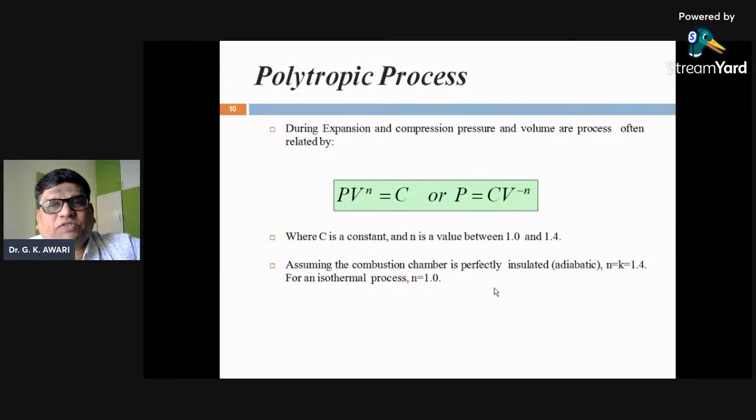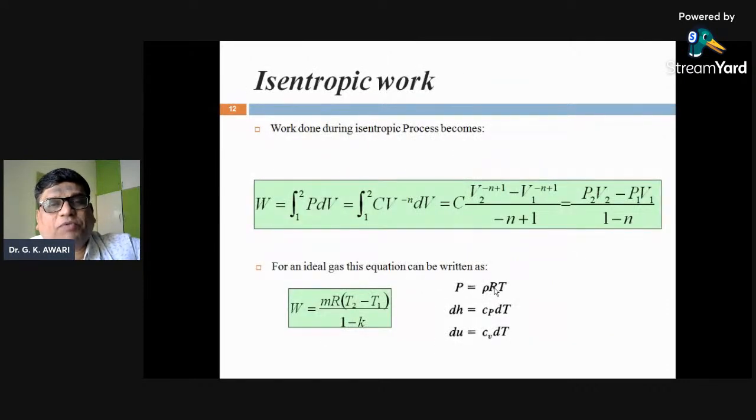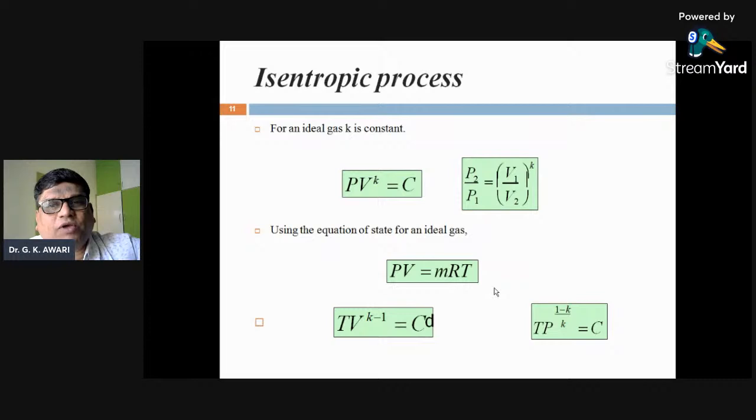Then the polytropic process, PV to the power of n equals C. This we have studied. Isentropic processes, PV to the power of gamma equals C.